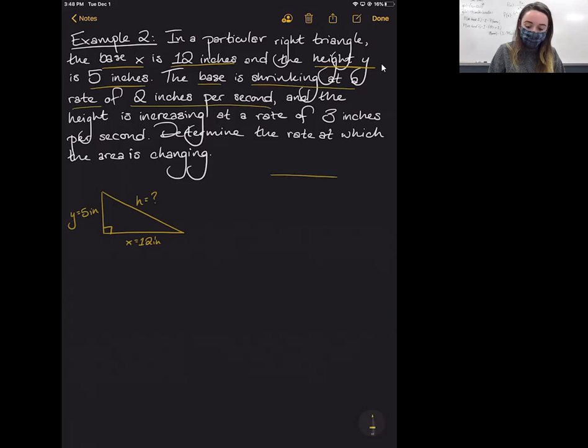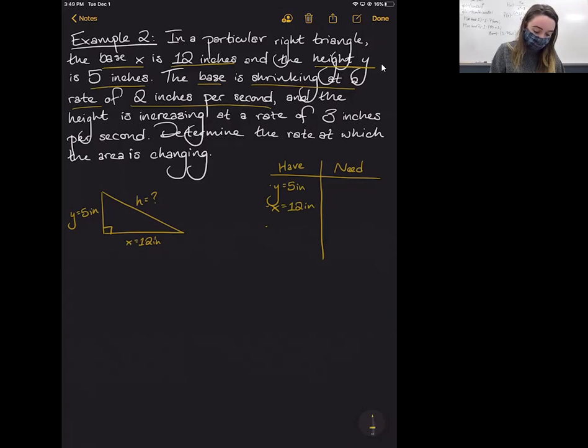Let me set up my haves and my needs here. I have y equals 5 inches, x equals 12 inches. We know that the base is shrinking at a rate of 2 inches per second.